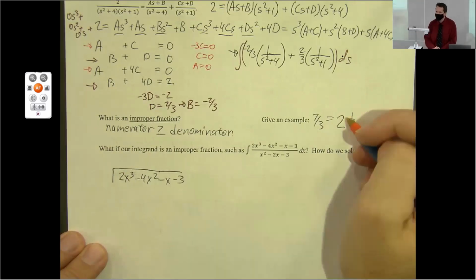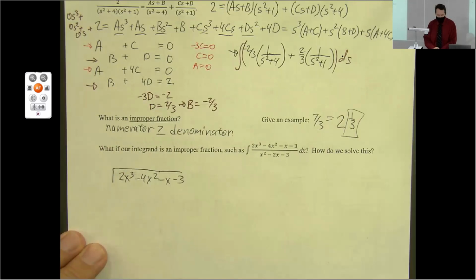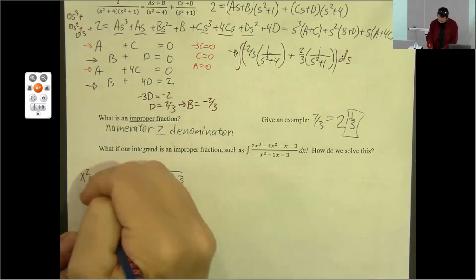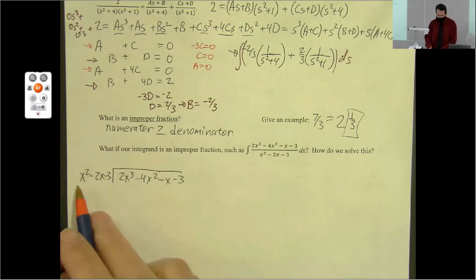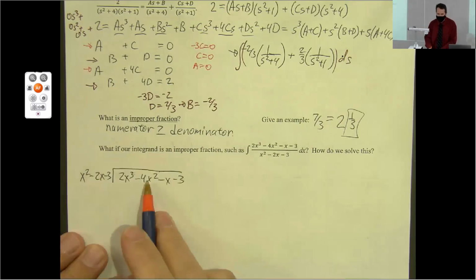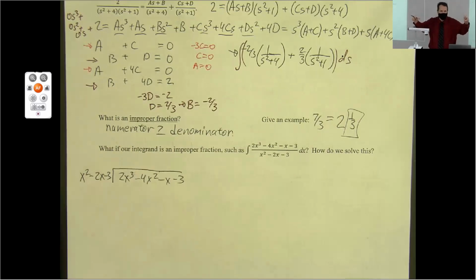And the remainder is a proper fraction. We're going to do the exact same thing right here. We're going to long divide x squared minus 2x minus 3 into the numerator, see what the whole number part is, and then play partial fractions on the remainder.